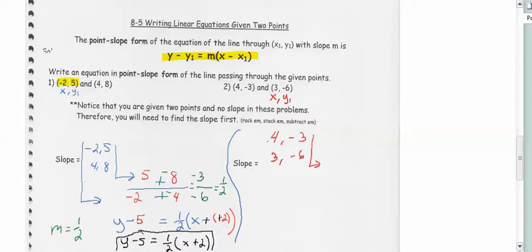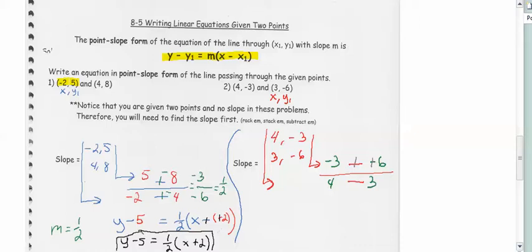I'm going to draw my arrows, put my fraction bar, put my minus sign in the middle. Now I'm going to take the -3, insert that, -6, insert it here, 4 and 3. Now I'm going to keep, change.